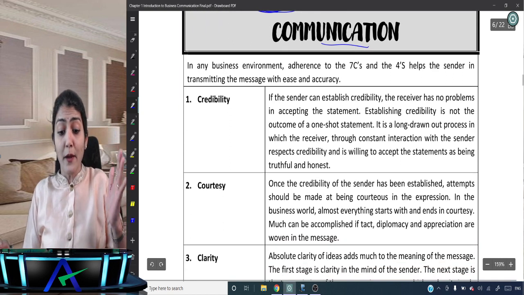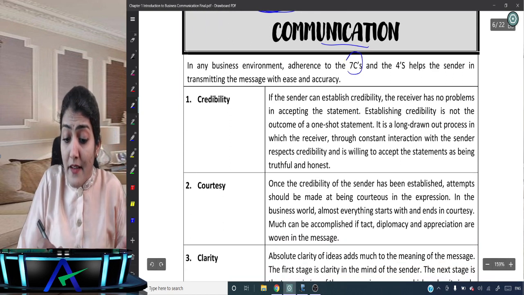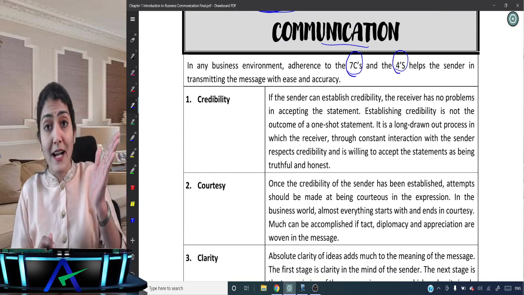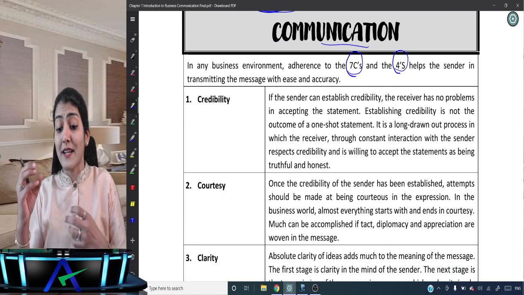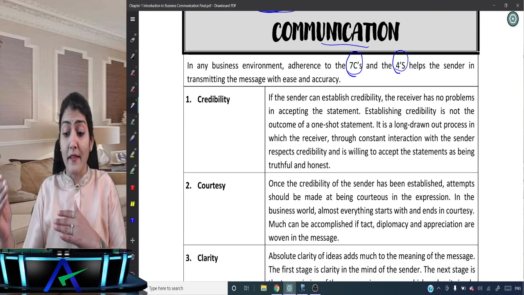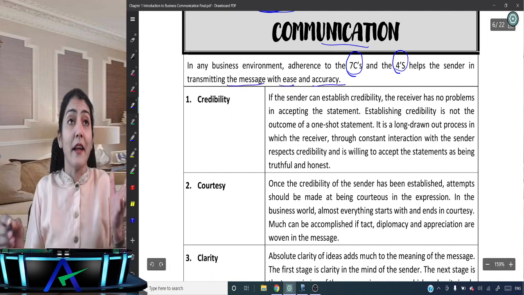Right, so what does it say? What are the principles of effective communication? It says there are 7 C's and 4 S's. That's because 7 of the points start with C, and 4 of the points start with S, right? So that's why they are the 7 C's and the 4 S's that help the sender in transmitting the message with ease and accuracy.